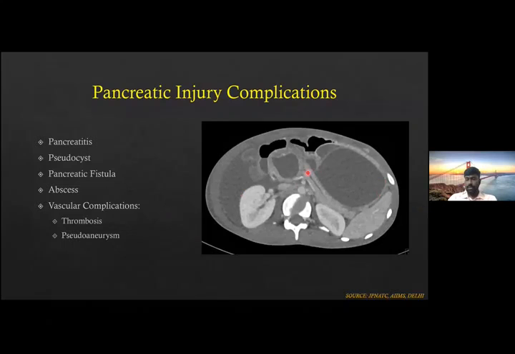These pseudocysts can become so large, and they can undergo automatic decompression by forming fistulous communication with the gastric lumen, with the colonic lumens, etc. However, these pseudocysts can also undergo infection and form abscess, and they can even have vascular complications, which is usually, as seen in pancreatitis, a case of thrombosis of the splenic vein, or there can be pseudoaneurysm of the arteries surrounding the pancreatic parenchyma.